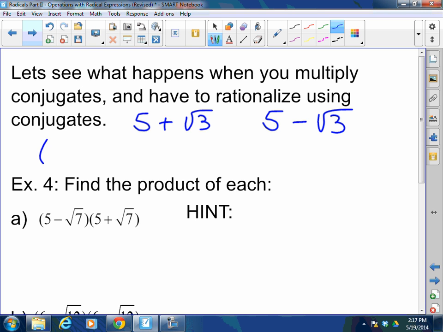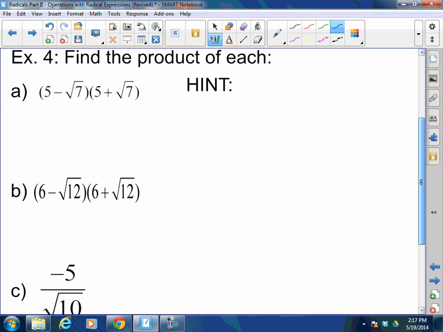If I have x plus 3 times x minus 3, the way to multiply this quickly is the first term squared minus the second term squared. Or you could do it the long way. I'll do it the long way first, and then I'll show you the best way.